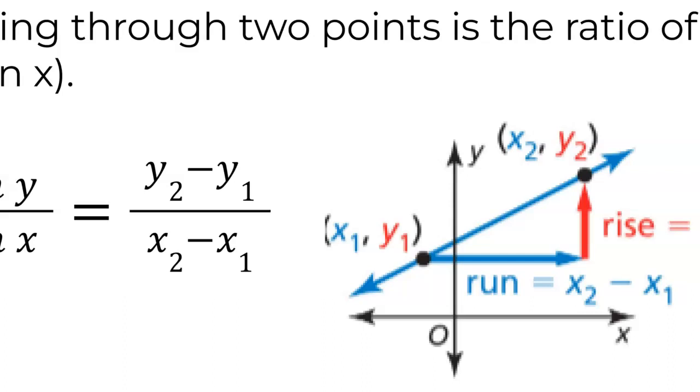That's what we call our run, or our change in x. We go from x1 to x2, and it would be a number. If we go up to meet our other dot, that's our rise, how much our y changes. We start at one y value, and we go up a certain number of units to the other. That's your rise, or your change in y.